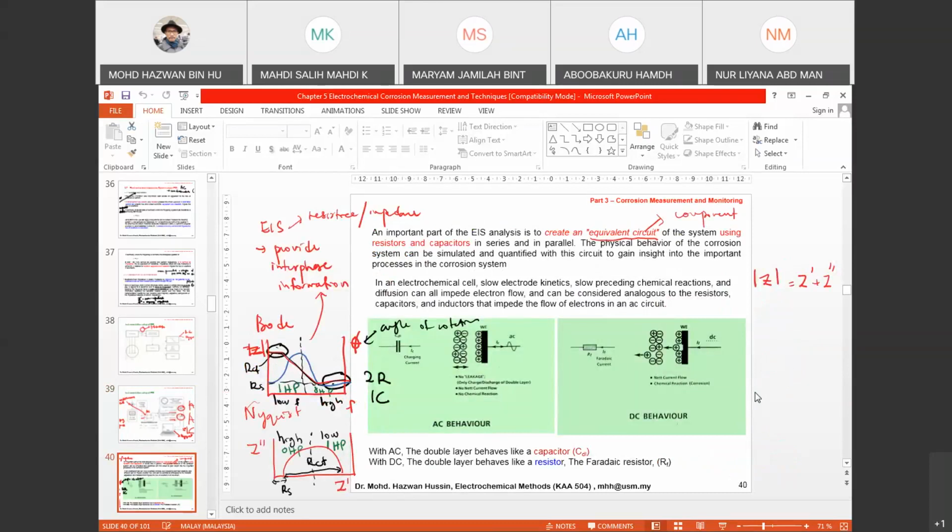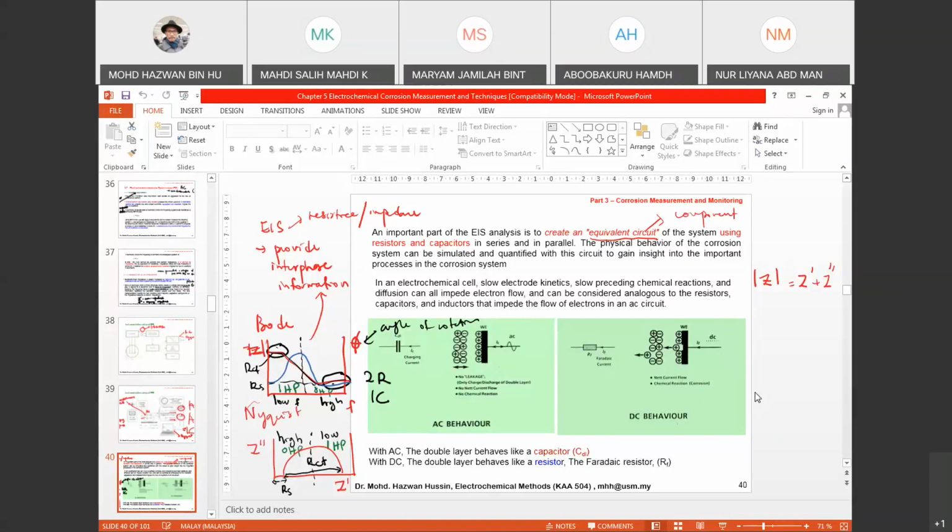The basic concept of EIS, as I've told you, is that impedance is a useful tool to study the interface, or the phenomena that occur on the surface of the electrodes. This is not explained by other methods like potentiodynamic polarization and linear polarization resistance techniques.